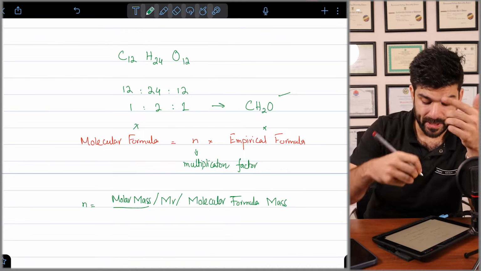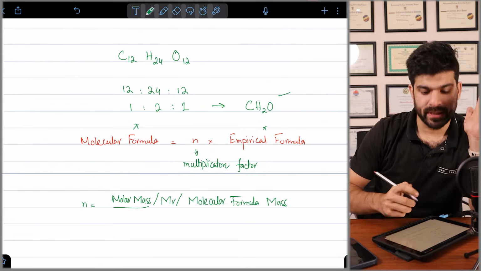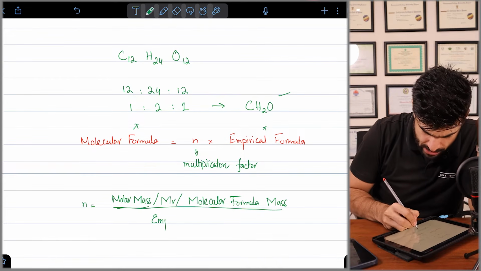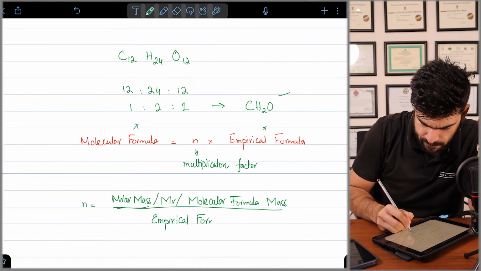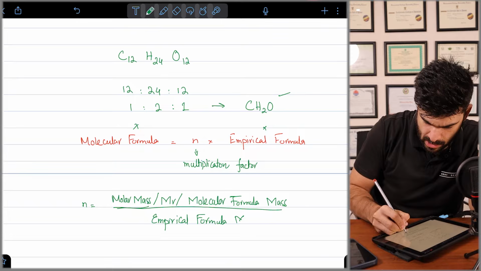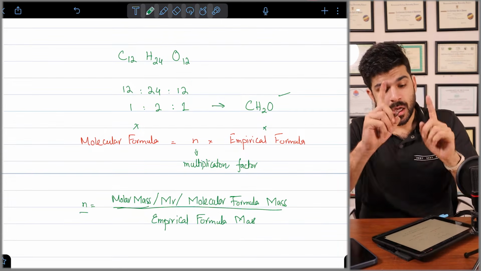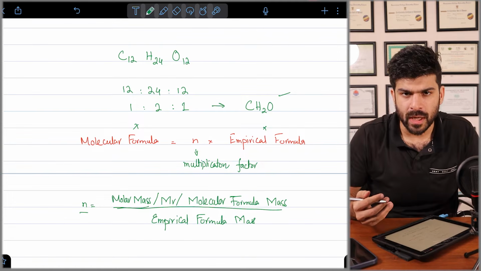In a question, you can be given the value in either of these ways. You divide this value by the empirical formula mass. By this equation, you will get the value of N, a number. You multiply that number with the empirical formula, and you will find your molecular formula.